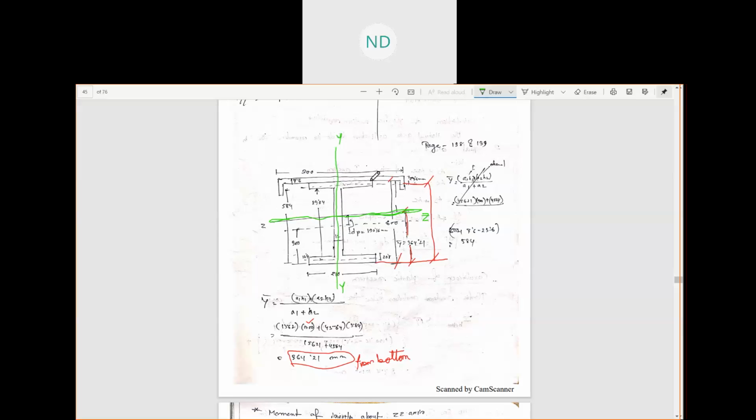So here you will see Iz, the moment of inertia of the I section, and the moment of inertia of number 2, that means the channel section.